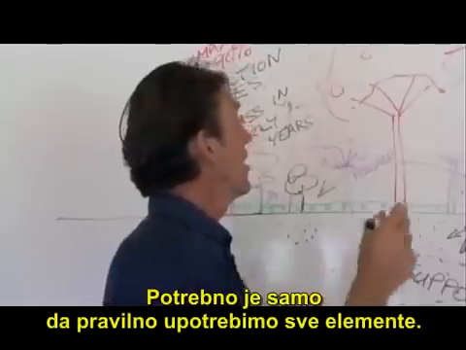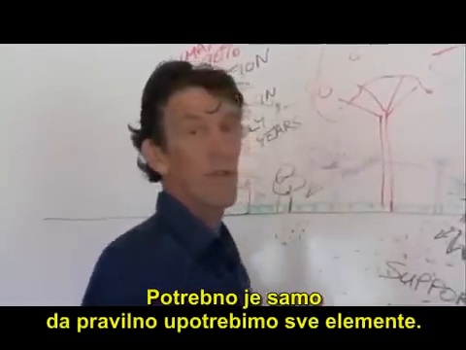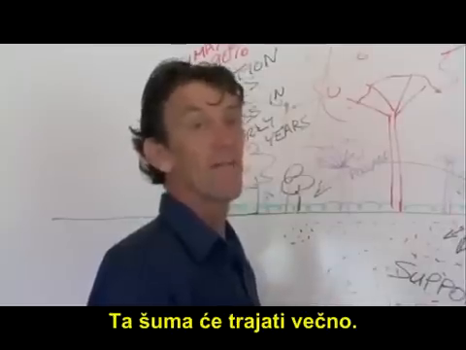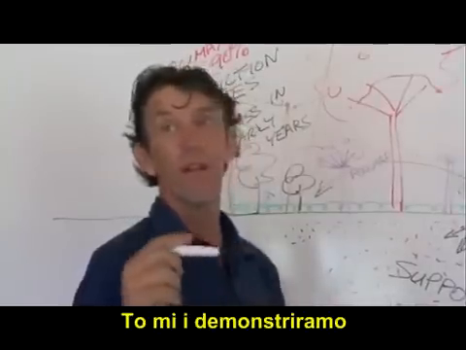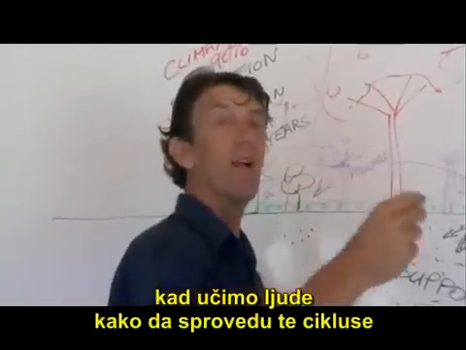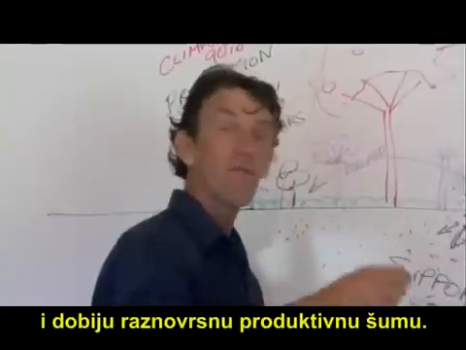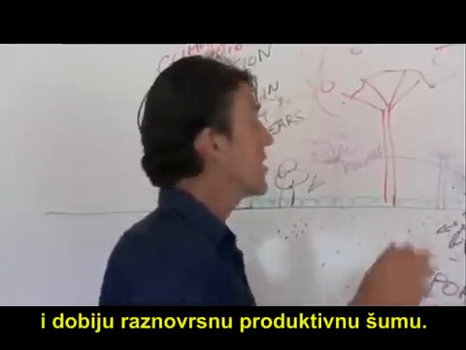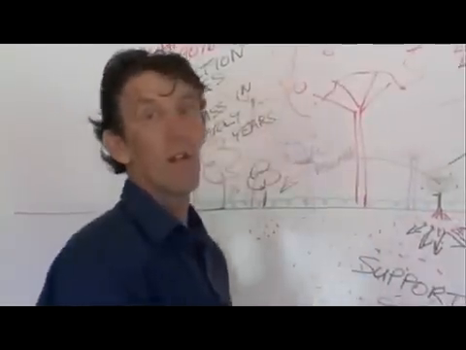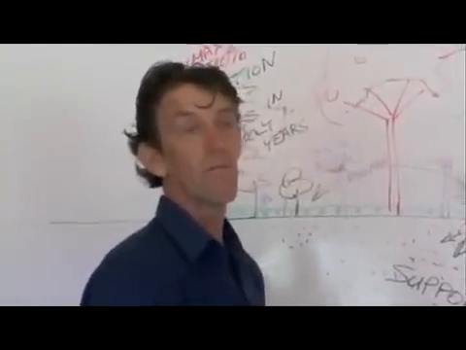We can do it. We just have to put the right elements to work for us. And it will go on indefinitely. And that's what we are demonstrating while we go around teaching people how you can do these cycles of nutrient with the support species of trees, leading towards long-term diverse forests of production.